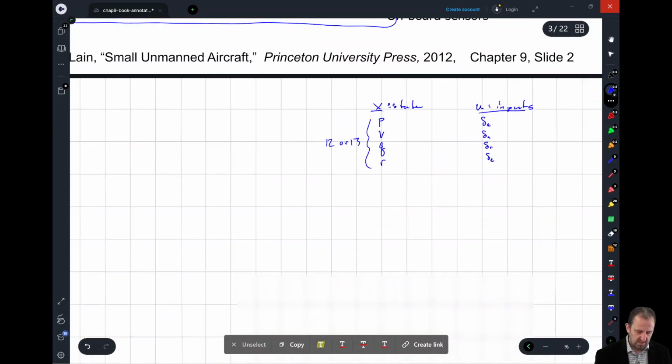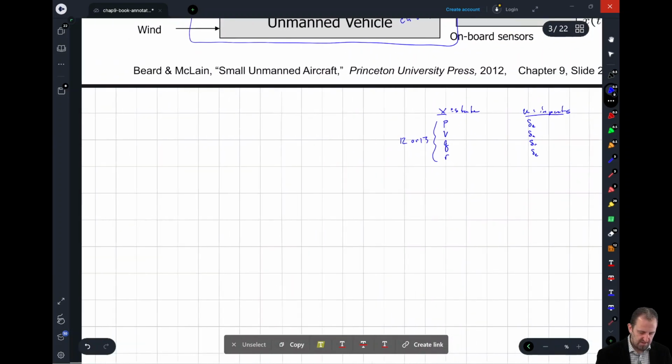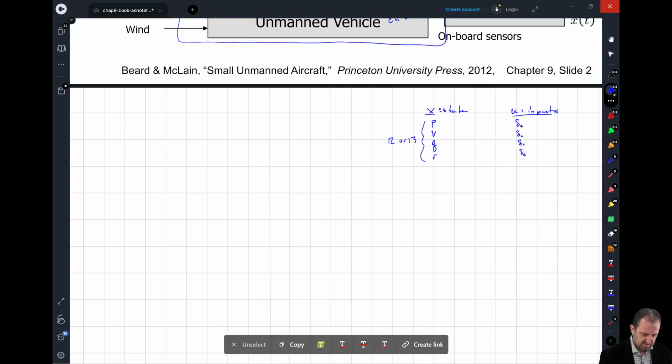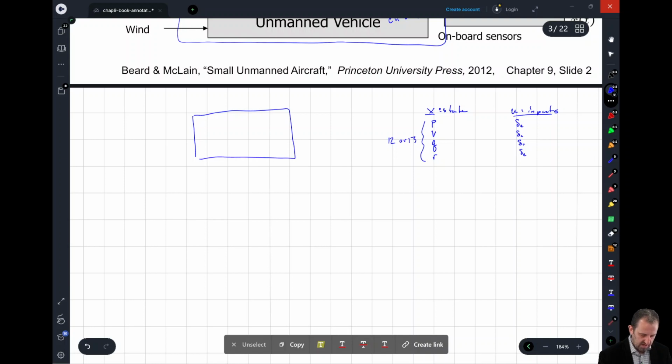And as we develop this model, then we use this notation where we had a box. We come in here and we have our desired inputs and our state. And we took our inputs and our state and we did our forces and moments.